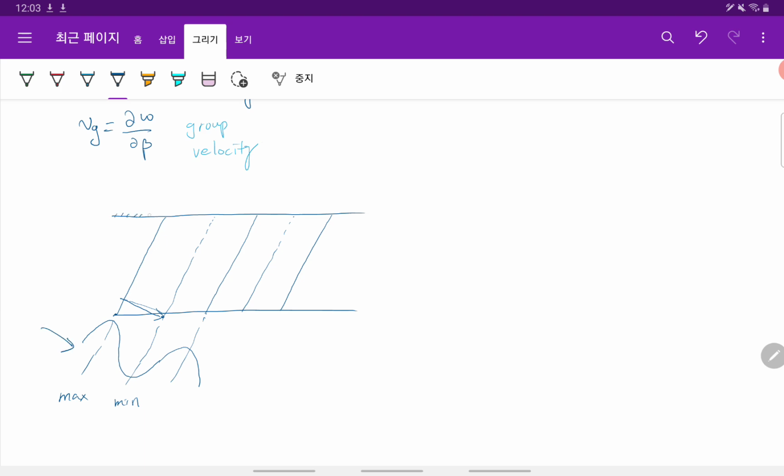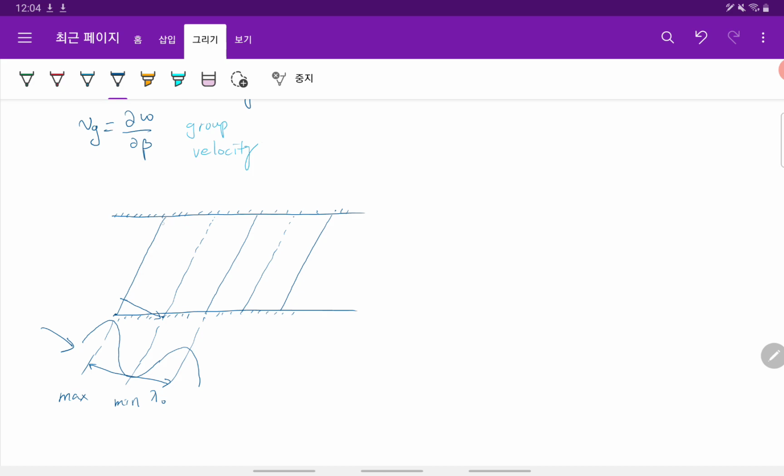This is the waveguide, and let's say this is lambda 0, some electromagnetic wave. The TEM wave is propagating in this direction, but with this kind of waveguide structure, the wave is bouncing back and forth.